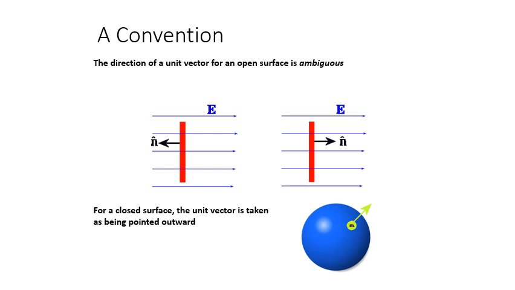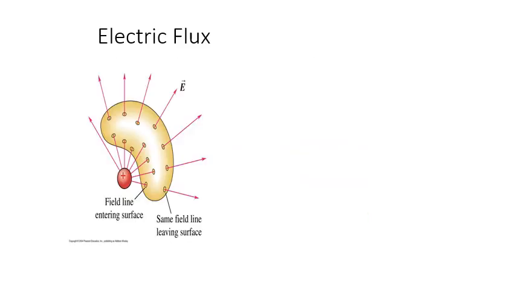Here in the figure, we have shown a spherical surface. At all points on this spherical surface, the unit vector is in the outward direction. Now see another figure.